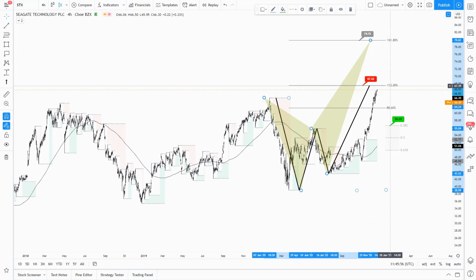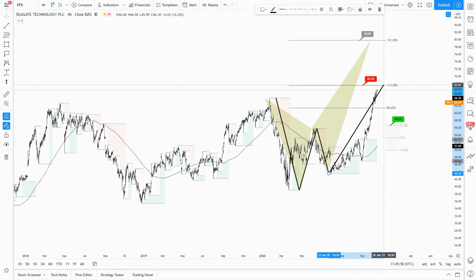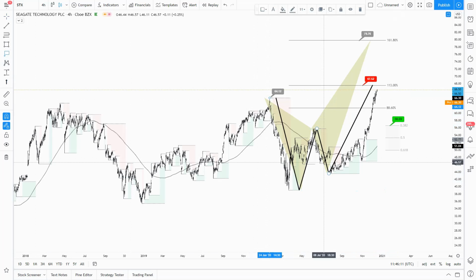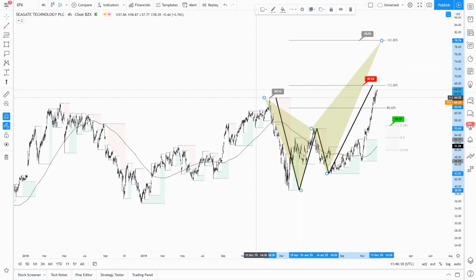So basically what is this 113% Fibonacci extension doing here? This may act as a false breakout above. So we have the previous structure highs at 64.12. We are already trading above, so we expect the market to squeeze higher. So we already violated this previous structure high, so we expect the market to keep forming this ascending structure and sharing that bullish momentum.